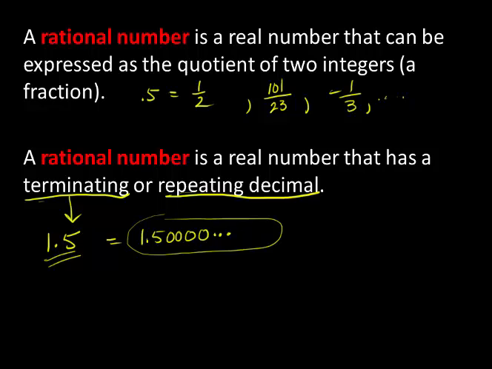How about the number 1.0123123123... Now the ... means that the 1, 2, 3 continues. Another way you can write that, if you wish, is 0.123, and you put a bar over the repeating part.